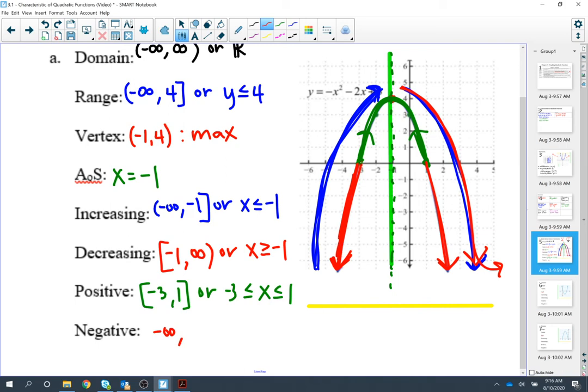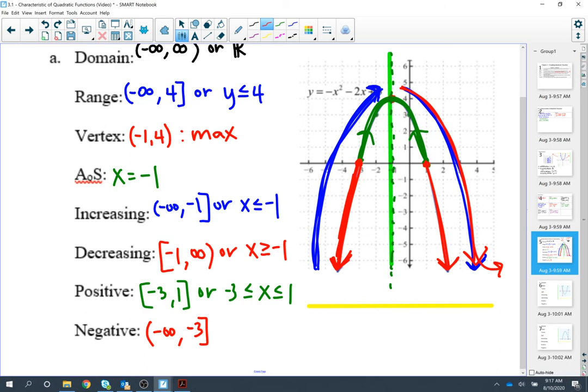Then it comes up to this point right there on the x-axis, which is at -3. Parenthesis, bracket or parenthesis, I don't care. Then you notice that it takes a break here. I'm following my graph, I get up to -3, but then instead of being negative, we jump into the positive. I don't want that. So we take a break, and then we pick up again here at the 1.